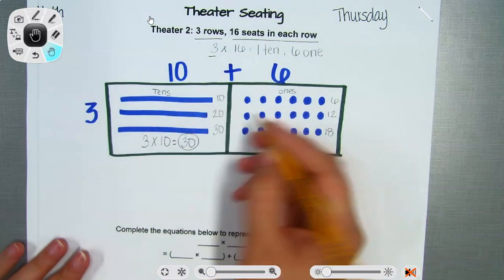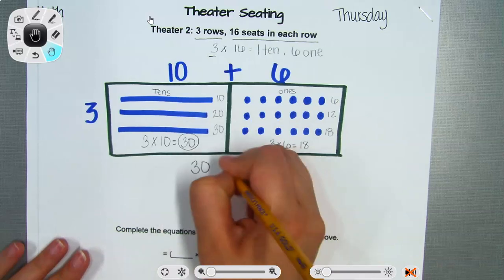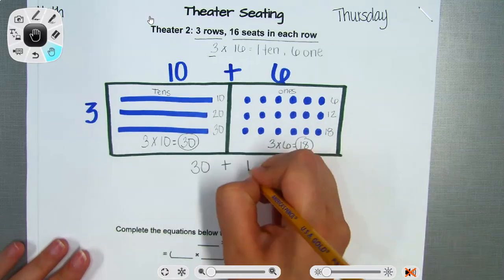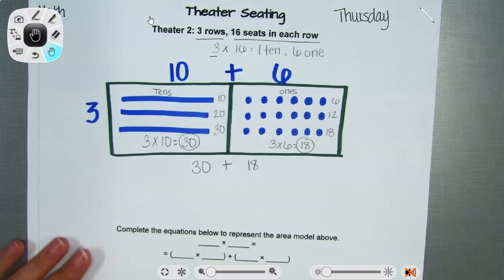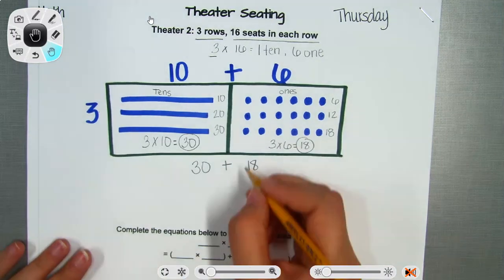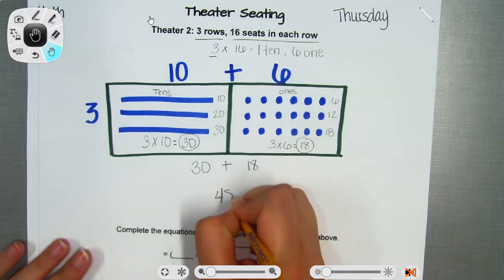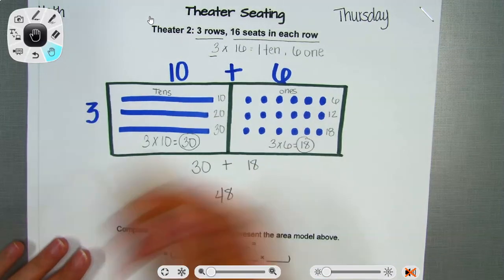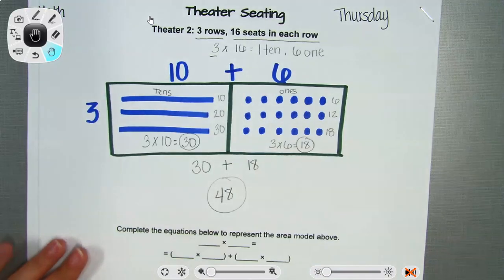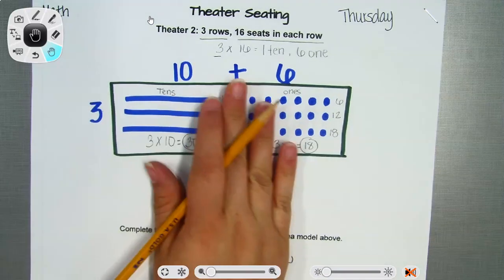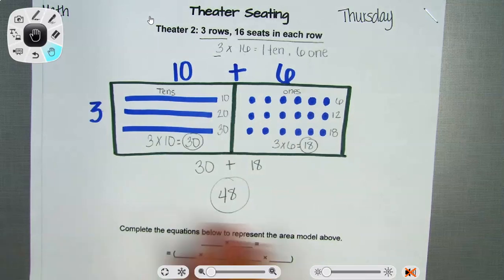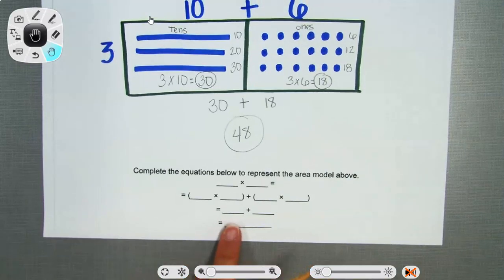So I have 30 plus 18. What would that make? That would make 48. 48 is my answer. Now, I'm going to take what I just did and I'm going to write it in my equations.